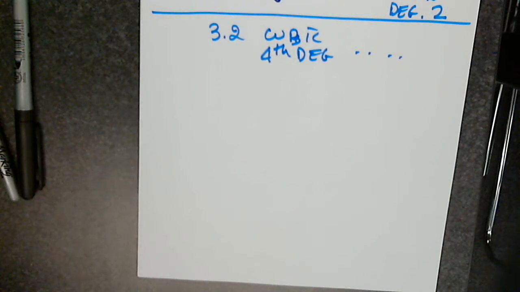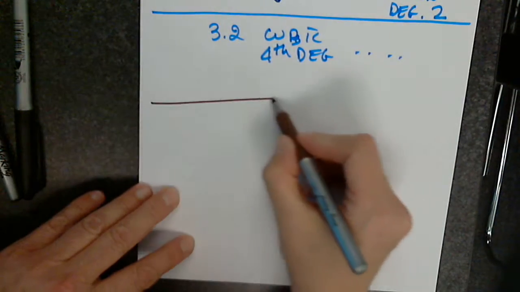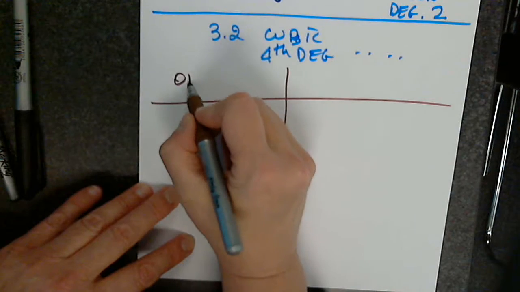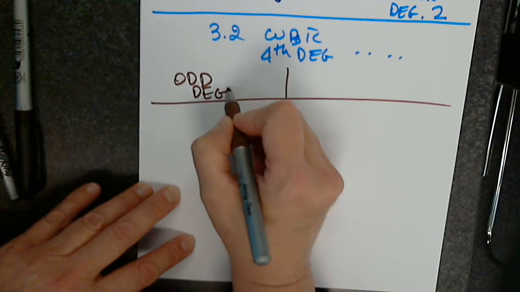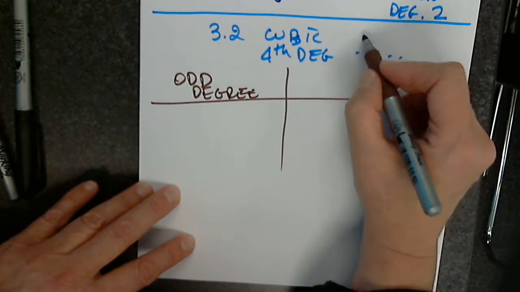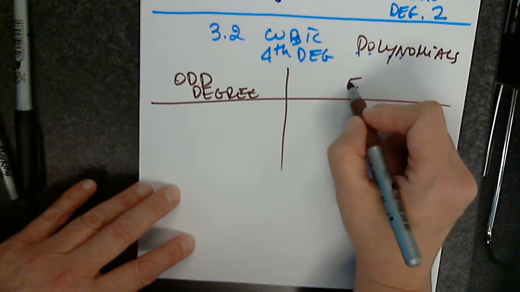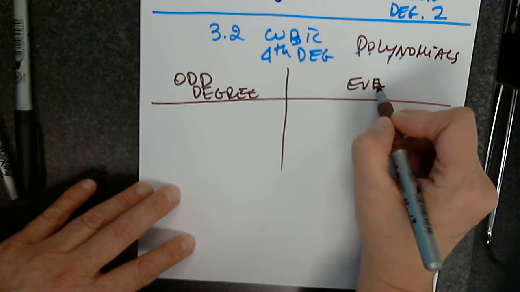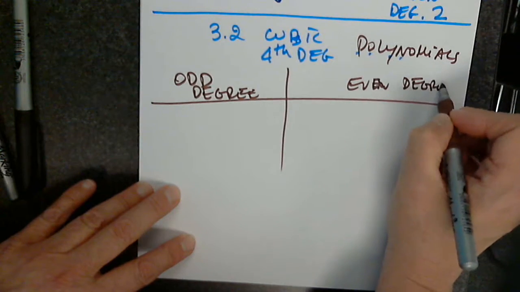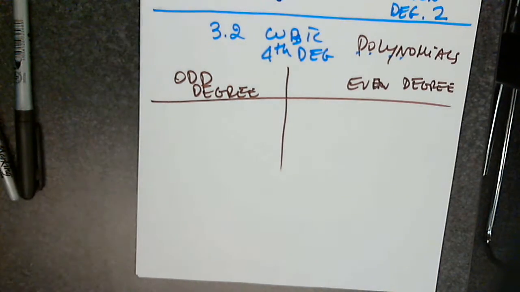Here are those two categories. Odd degree. So they're all polynomials. Even degree. This has nothing to do with odd and even functions, which, by the way, I was surprised on the test.